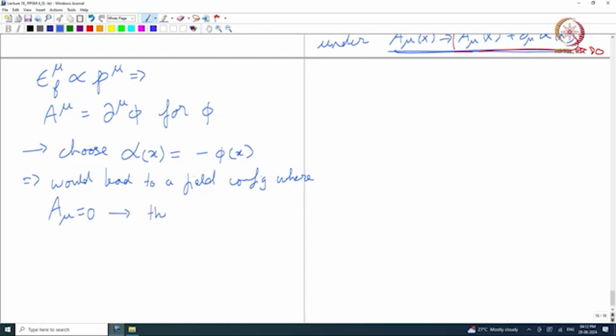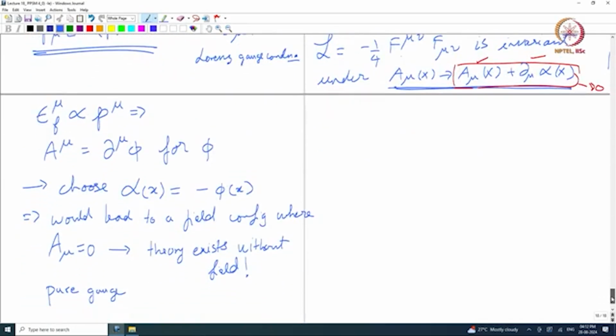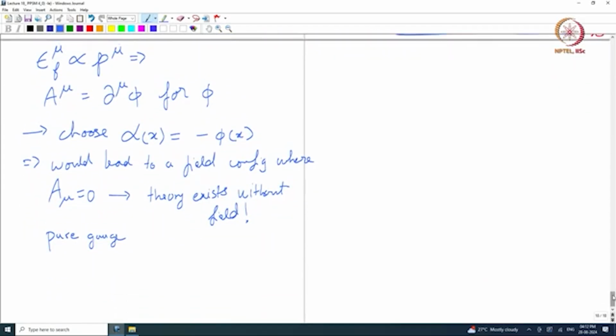Because that means the theory exists still, but the field does not actually. In other words, we are now in a pure gauge theory, that is the gauge exists. When I say gauge I mean this alpha of x, the alpha of x is there, I can still make those field redundancies, but then I can always go to one particular configuration which is this, because I have complete freedom in choosing alpha, where alpha has a value, but the field has disappeared.